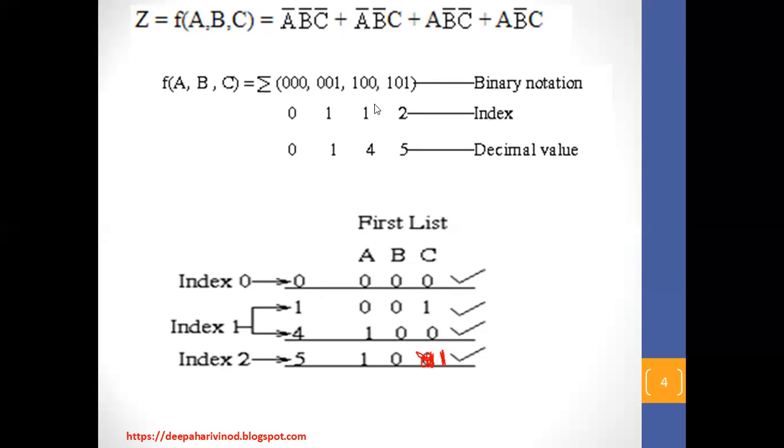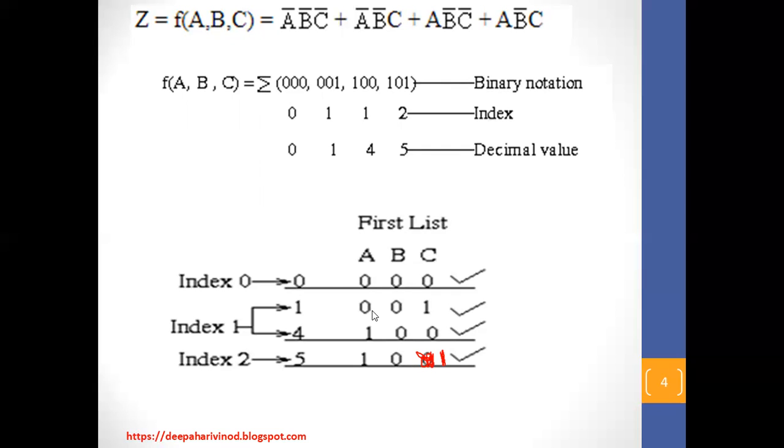Coming to index 1, the first one is 0, 0, 1. Write it down here. And next one more is there in index 1, that is 1, 0, 0, the binary 4. Write it down. Next, put a line again so that we can understand that the combinations in index 1 are completed.